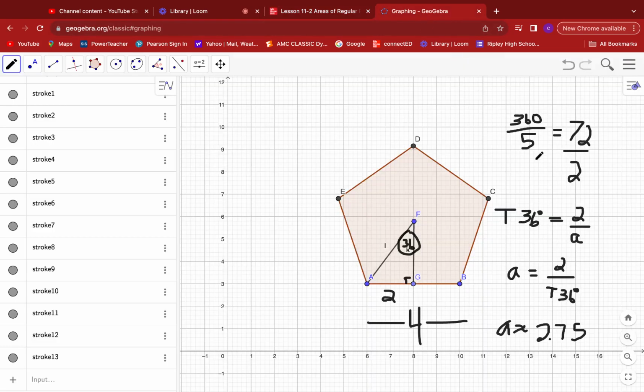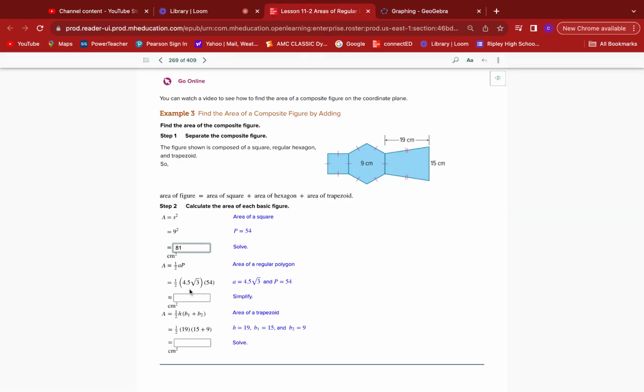Same formula we did here. Tangent of 30 degrees is equal to 4.5 divided by your apothem. Take your 4.5, switch their place and divide by the tangent of 30. So 4.5 divided by the tangent of 30 degrees. That's going to get you your apothem. Now, they realize that it's a 30, 60, 90 special right triangle.